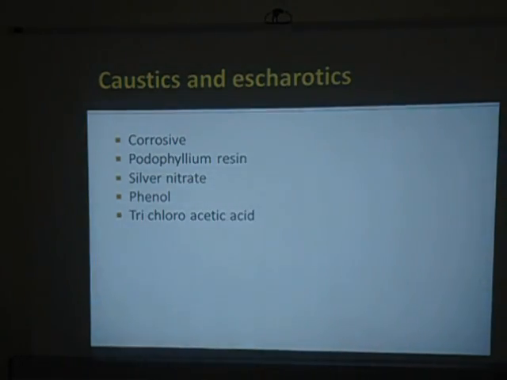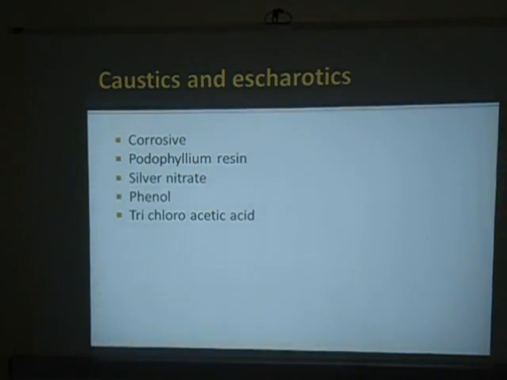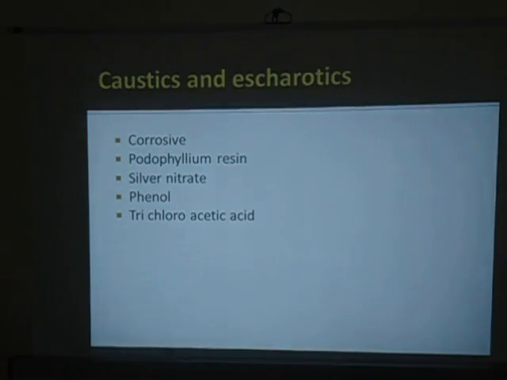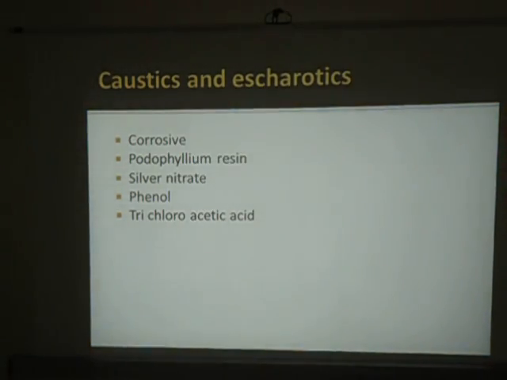Then caustics and acids. Here we have silver nitrate, phenol, and trichloroacetic acid. Phenol we have learned, where we use it as antiseptics and disinfectants. Yesterday's class was phenol for cleaning halls and rooms.